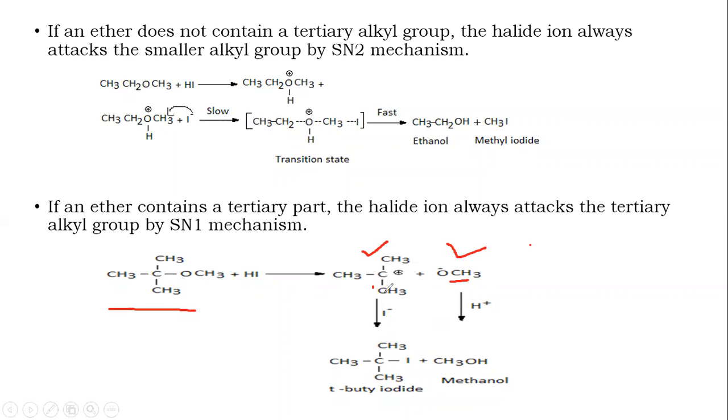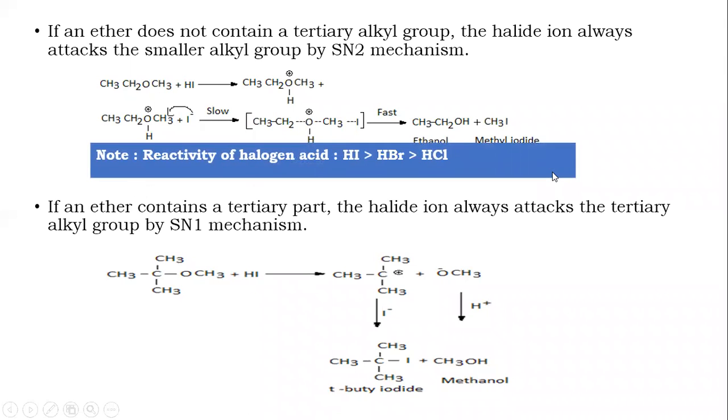The carbocation so formed will combine with the iodide ion obtained from hydrogen iodide, and it forms the alkyl halide, and the methoxide ion so formed will combine with the proton obtained from the acid, and finally alcohol is formed. So here we have to remember both the conditions.